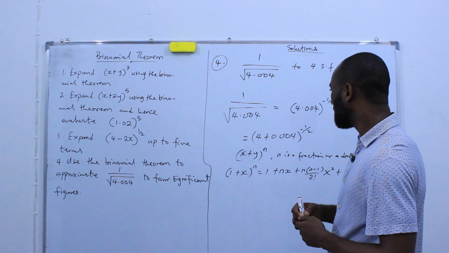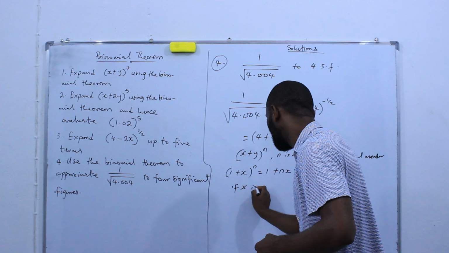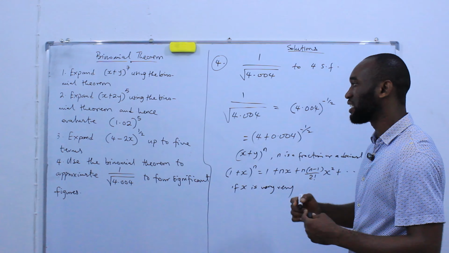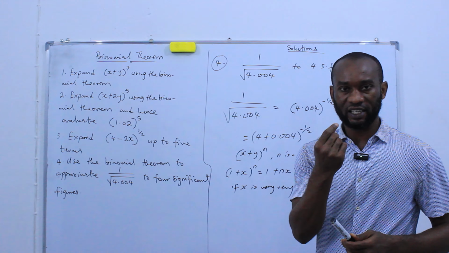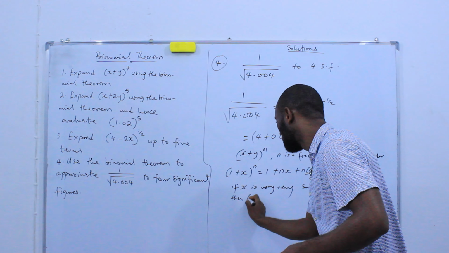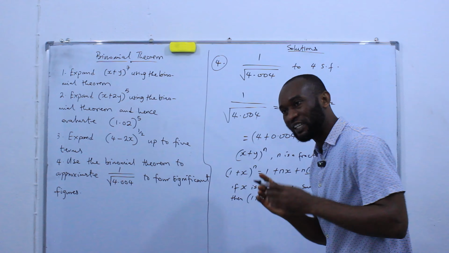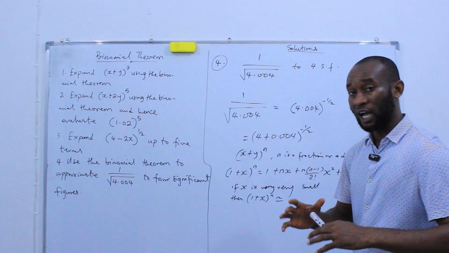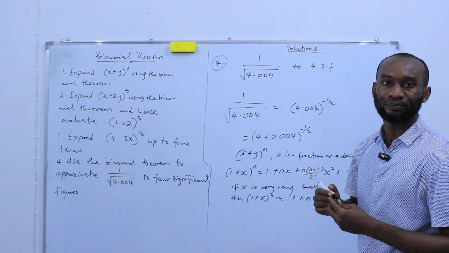Now, if x is very, very small, that is so insignificant that it is close to 0, then 1 plus x raised to power n can be used to approximate expressions, and can be collected into the form 1 plus n times x.